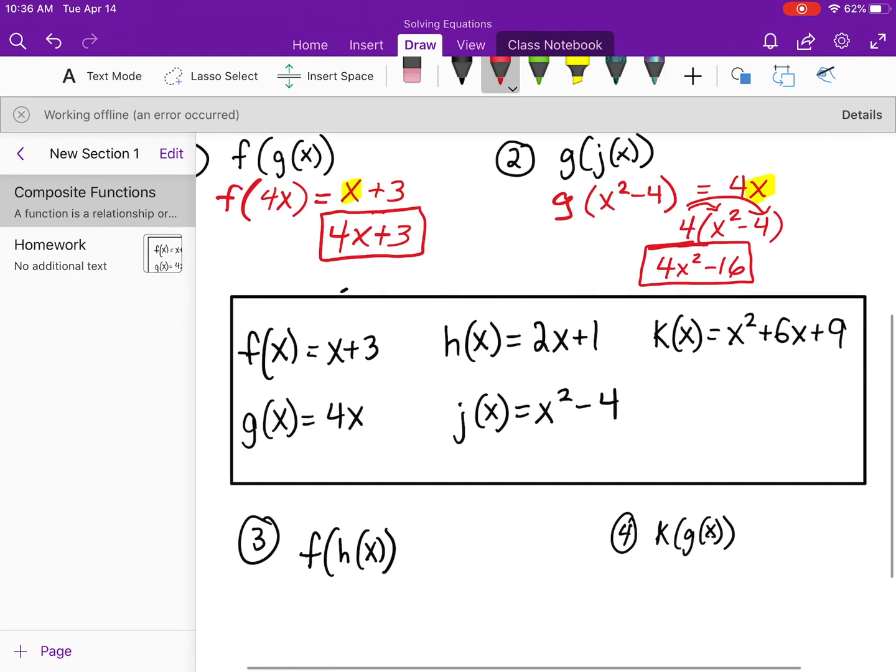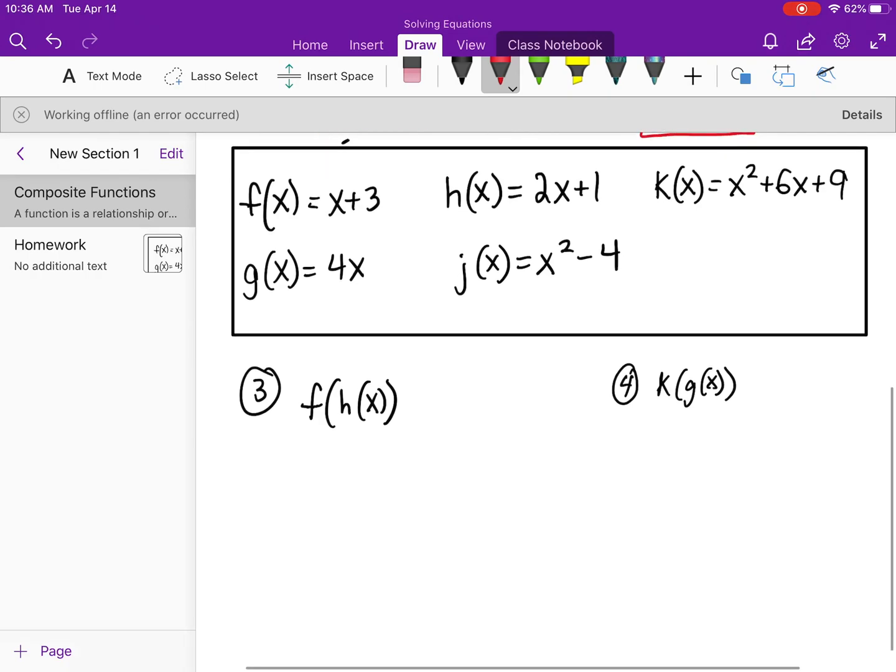Okay, I've got the same 5 functions written down here below. I just copied and pasted them so that we could see them easily for the next 2 problems. Problem number 3, I have f of h of x. So it's going to look like f of, and then h of x is 2x plus 1.